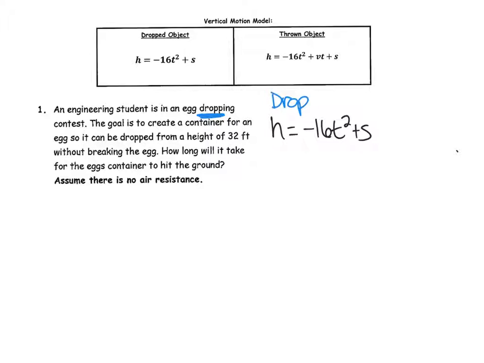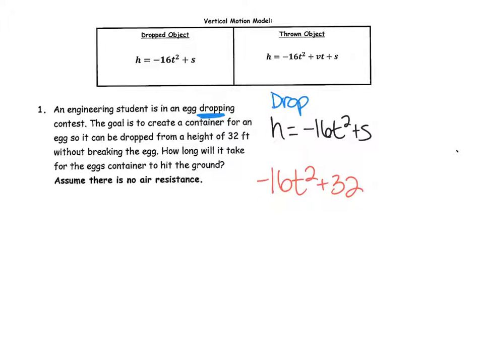Since we're dropping the ball, we need to use the dropping formula. We don't know the time, but we do know the s. Remember s from before? Initial height. What is the height that we were dropping the egg from? We are dropping the egg from 32 feet. So this is going to be our formula.